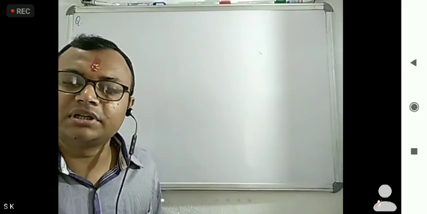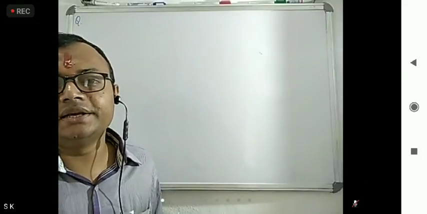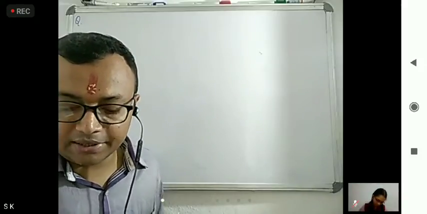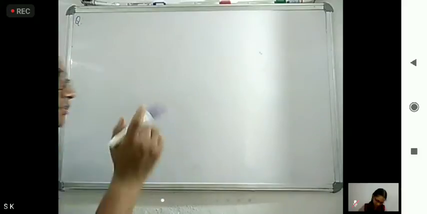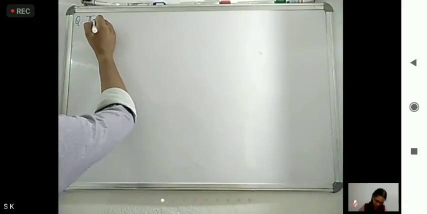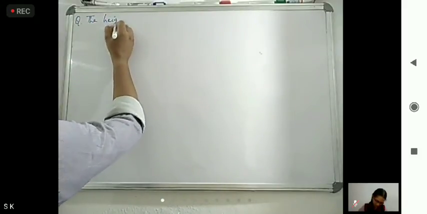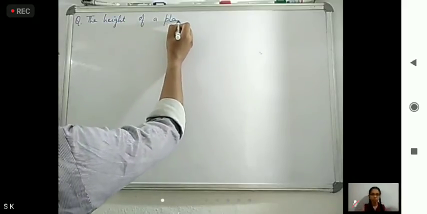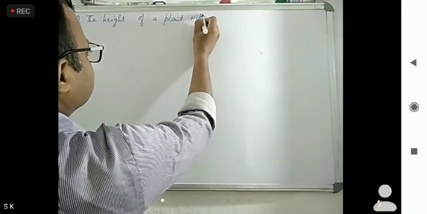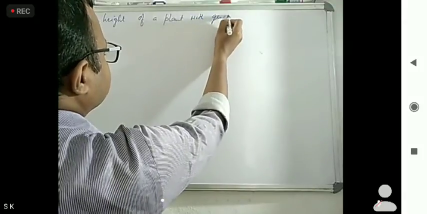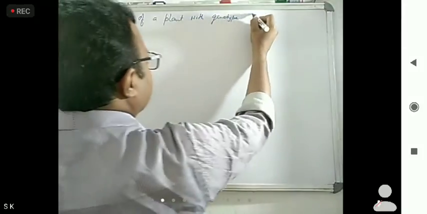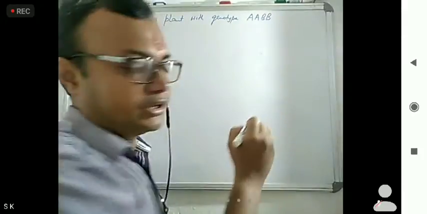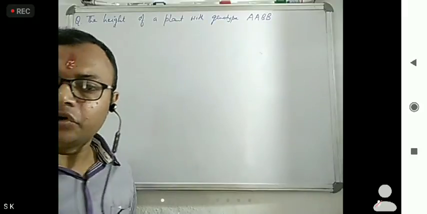You have to remember that polygene and blending inheritance are synonyms of each other. Okay, so the height of a plant with genotype capital A, capital A, capital B, capital B is 40 inches.